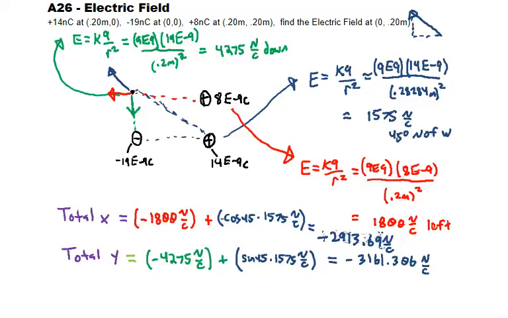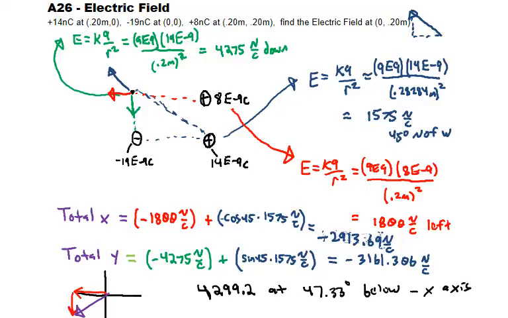For the total x, we have negative 2913.69 newtons per coulomb, and in the y, negative 3161.306 newtons per coulomb. We can set up the negative x, negative y, get the resultant, using the Pythagorean theorem and tangent, opposite over adjacent: 4,299.2 at 47.33 degrees below the negative x-axis.